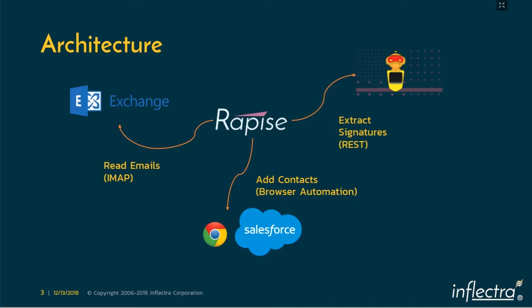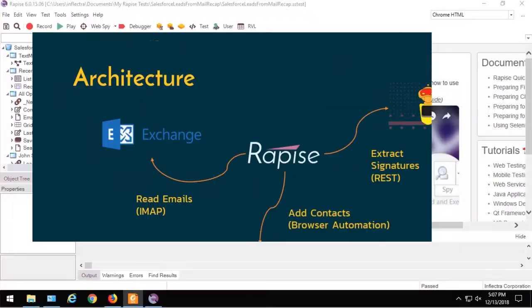And after that, we will implement UI automation, and we will add new contacts or leads into Salesforce using Rapise. So this is the high-level architecture of what we will build today.